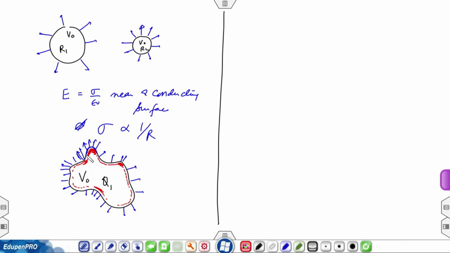So, charge density concentrates near the surfaces where the radius of curvature is small, electric field is very strong, and this is applied in making lightning conductors.